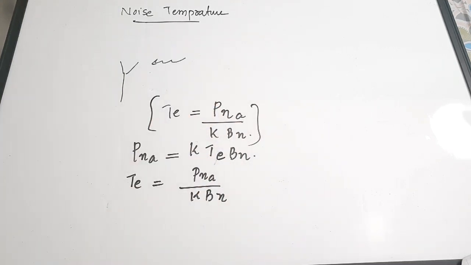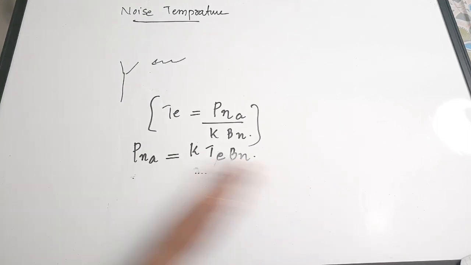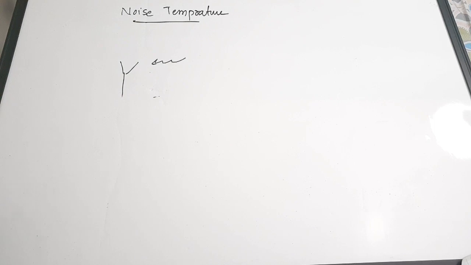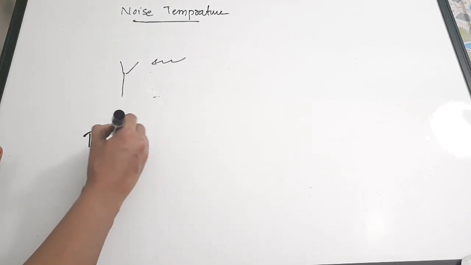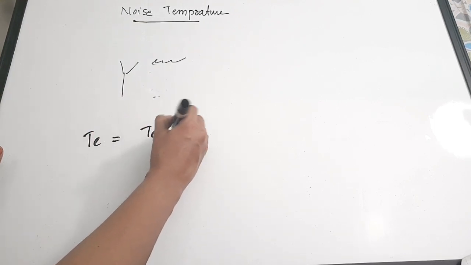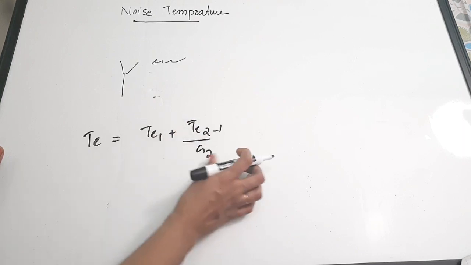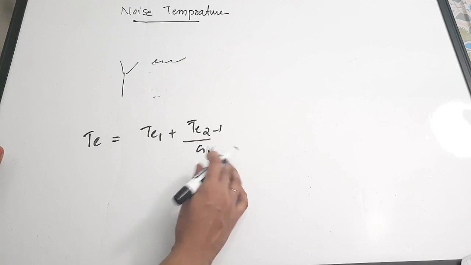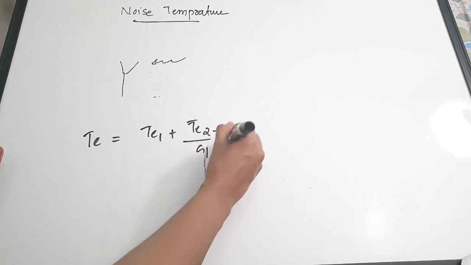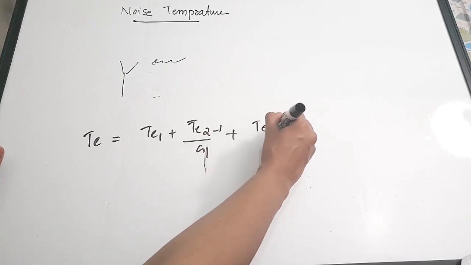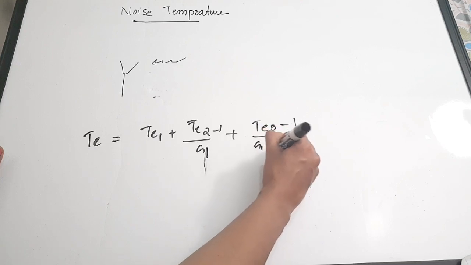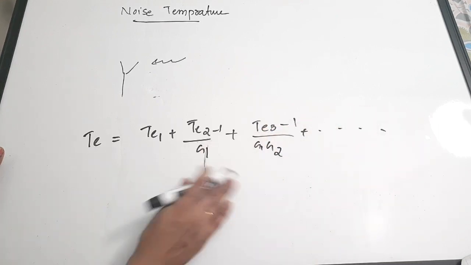Now how can we write the Friss formula in terms of noise temperature? That is very important. Next I'm going to write the Friss formula in terms of noise temperature. TE is equal to TE1 plus (TE2 minus 1) by G1, plus (TE3 minus 1) by G1 G2, plus so on.